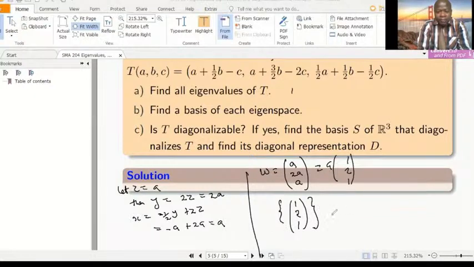Now remember that we said we would denote a basis by this. So the eigenspace is this eigenspace. This one means the eigenspace corresponding to lambda equals 1. So we can write it this way. The eigenspace would be this set, a times 1, 2, 1.